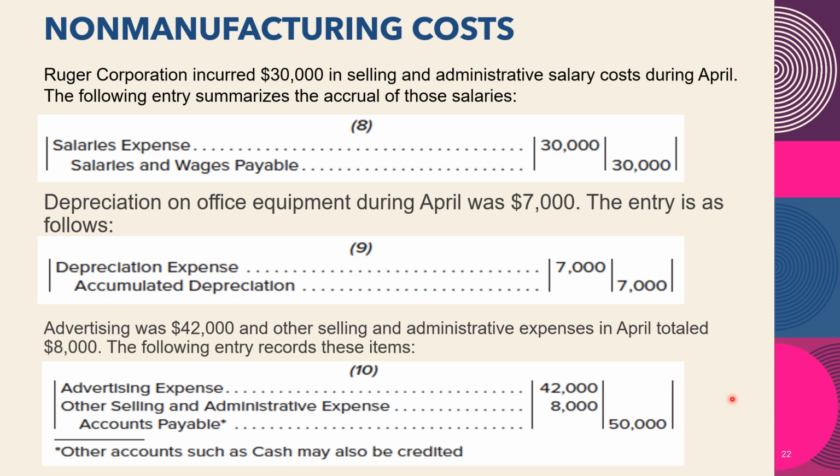You also debit other selling and administrative expense by $8,000. Together, you credit accounts payable by $50,000. Please also note that other accounts such as cash may also be credited if you pay by cash.